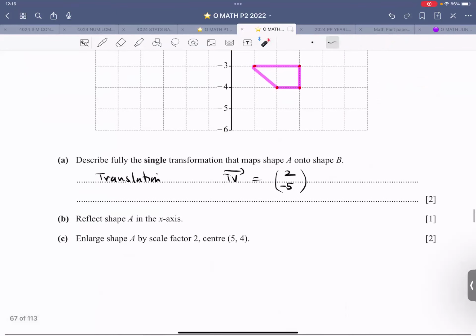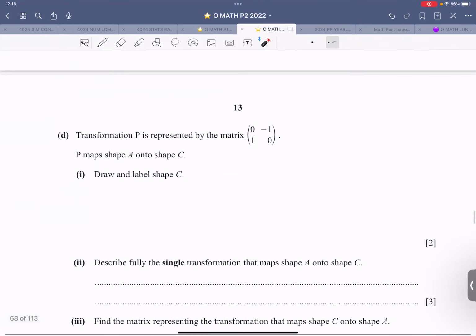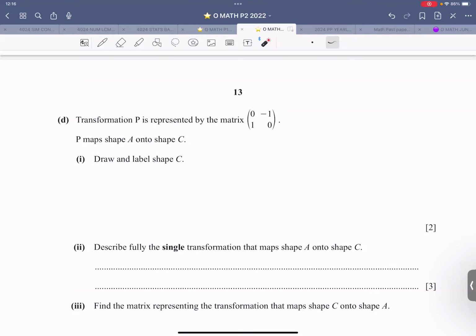So that's how the figure is drawn. They're not asking for the coordinates, are they? No, they're not. So all you have to do is to draw this. Now it says there is a transformation P, represented by this matrix, whatever that is. P maps shape A onto C. Draw and label shape C. So now I can do one thing. Let me write a point over here, such as (A, B), and let me multiply and see what happens.